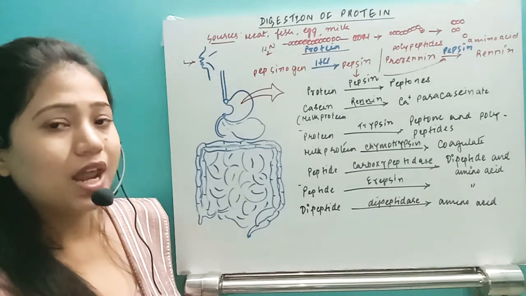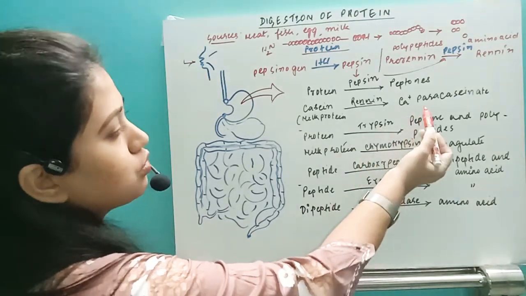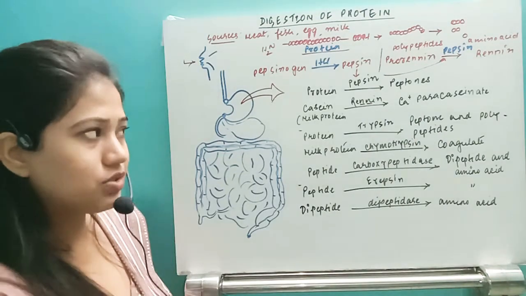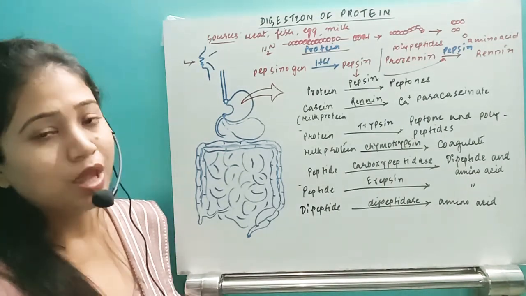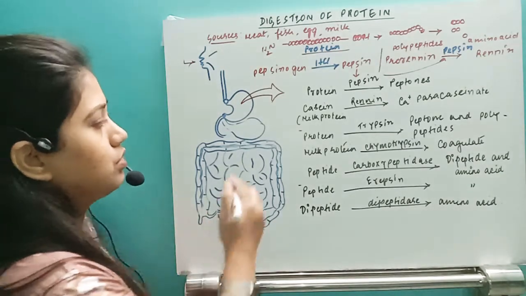Then this renin will act on the milk protein and convert it into calcium para-caseinate. In presence of calcium, it will be converted into para-caseinate. So that will occur in the region of the stomach.